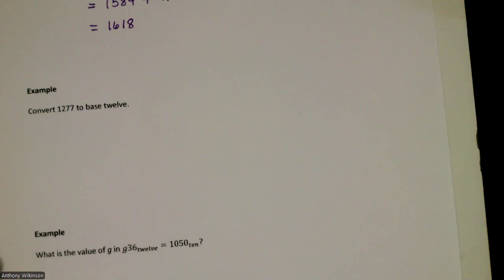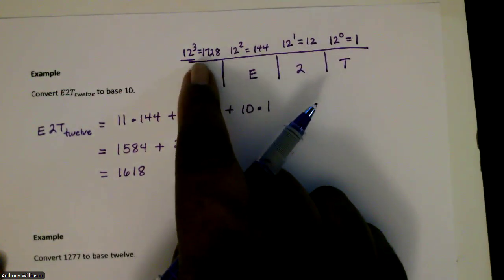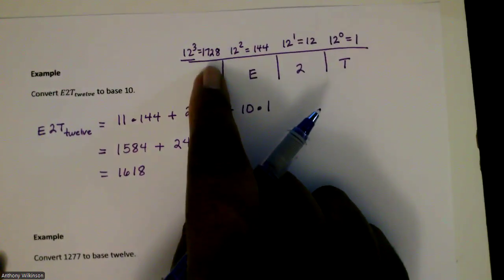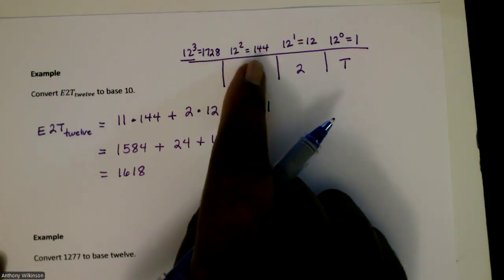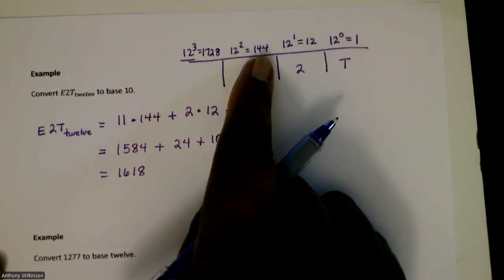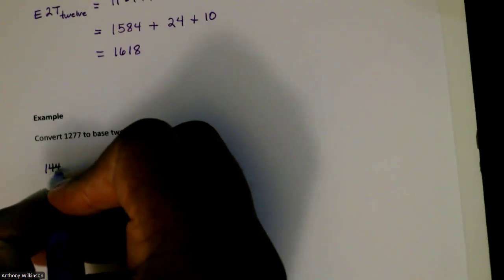Okay, let's use the highest power of 12 for this. And by looking at this, the highest power of 12, well, I can't use 1,728 because that's bigger than 1,277. Okay, so I'll go to the next one. The next lower power of 12, 12 squared, or 144, we can divide 144 into 1277.